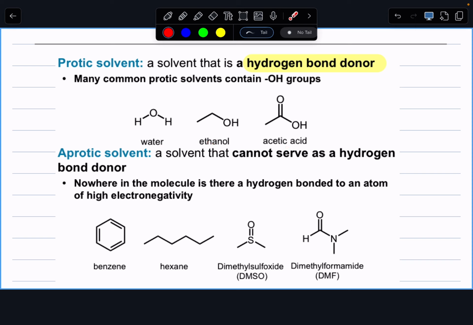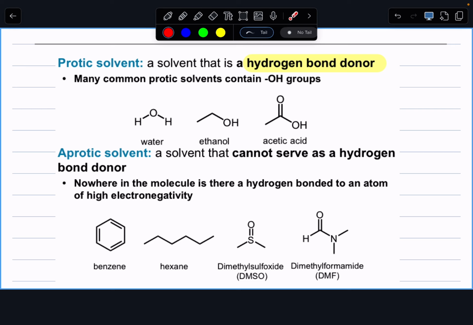So as long as the solvent has the ability to act as a hydrogen bond donor and acceptor, it's called a protic solvent. Or you can have an aprotic solvent, a solvent that cannot serve as a hydrogen bond donor. It can be benzene, hexane, DMSO, DMF. These are aprotic solvents.